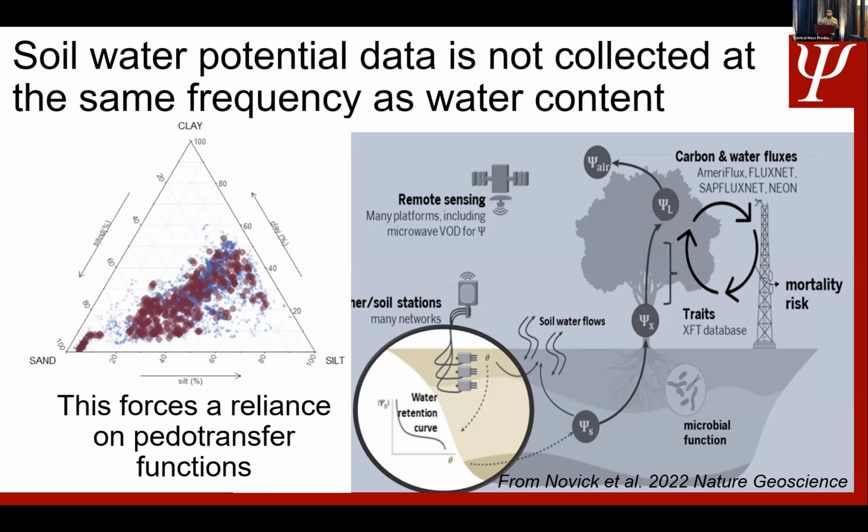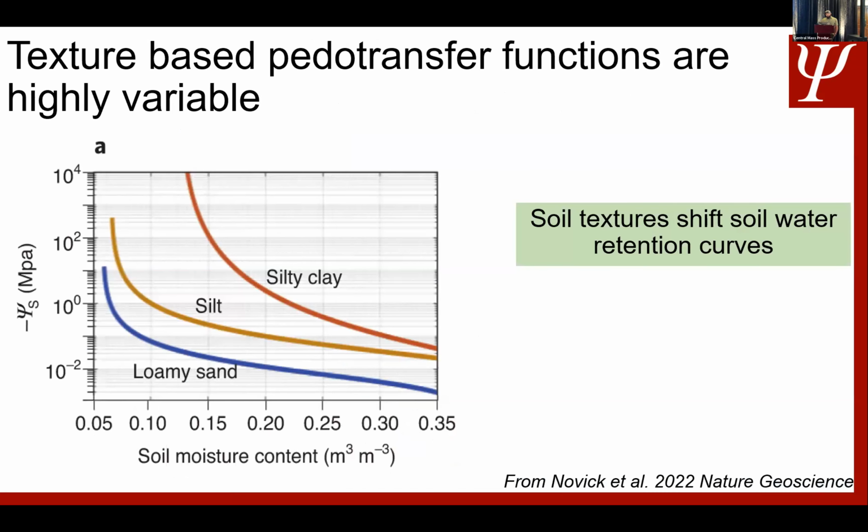So we're trying to cover most of the AmeriFlux soil texture domain. But since these sites do not have in situ sensors nor site-specific curves, this forces all of us to use texture-based pedotransfer functions.